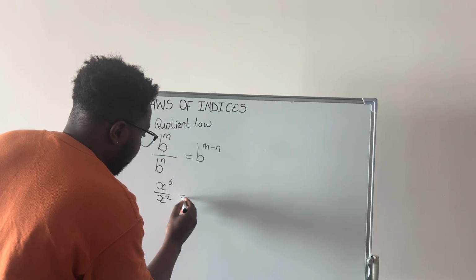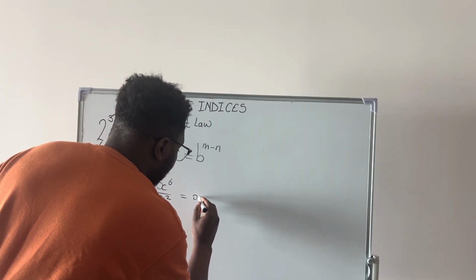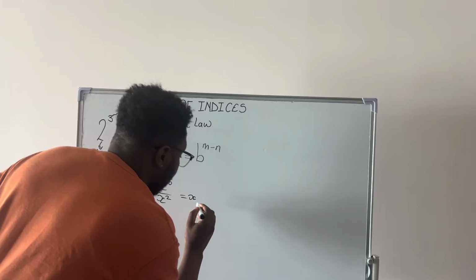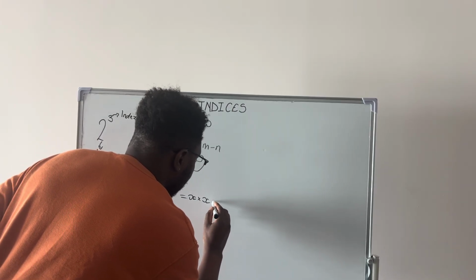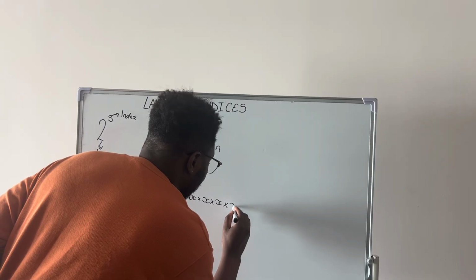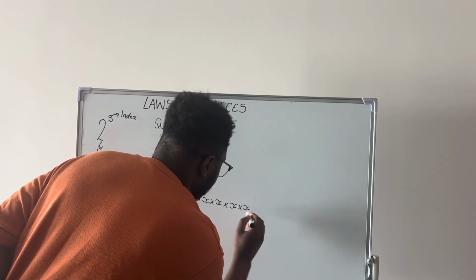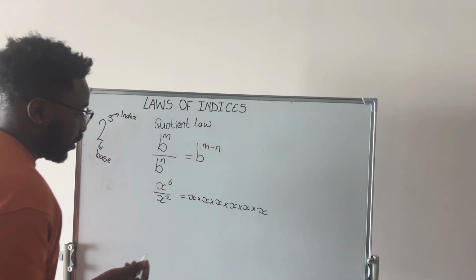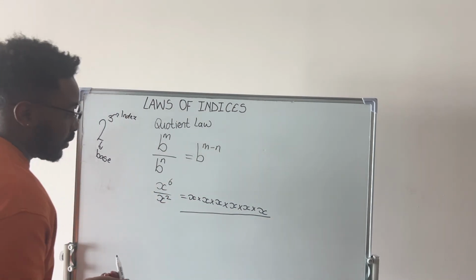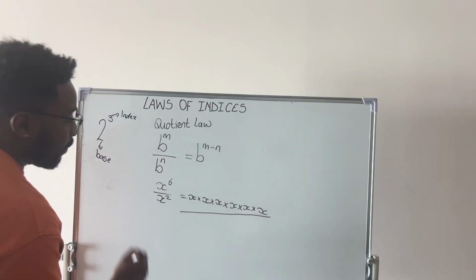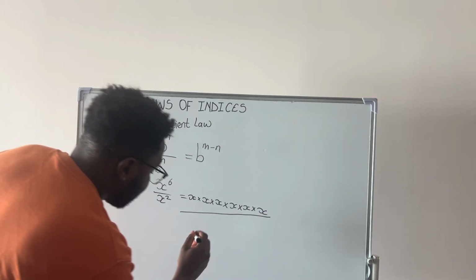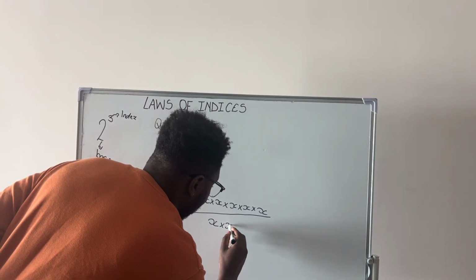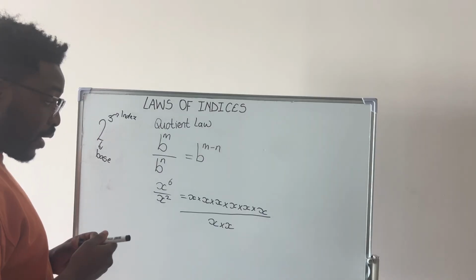That will be x multiplied by x, multiplied by x, multiplied by x, multiplied by x, multiplied by x, divided by the expanded denominator, which is x multiplied by x. Now let's cancel.